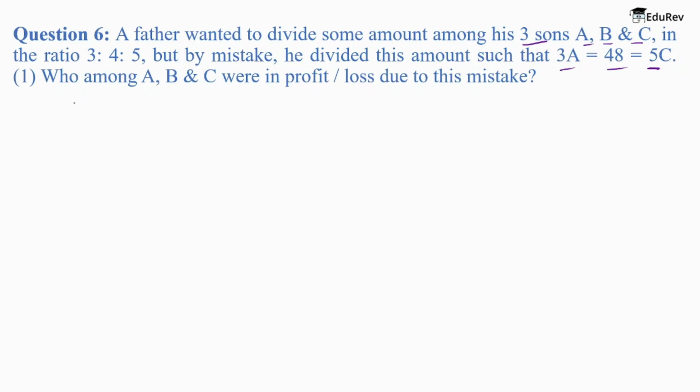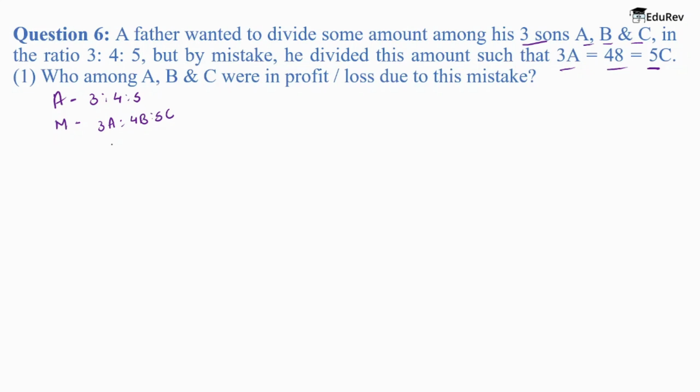So it's given that in actual, the ratio was 3 is to 4 is to 5. But by mistake, it comes to 3A, 4B and 5C, right? Now you can either divide this or calculate using the shortcut method.